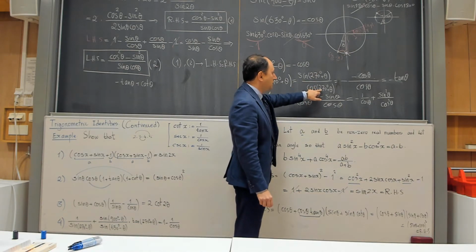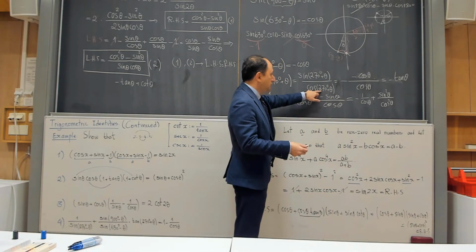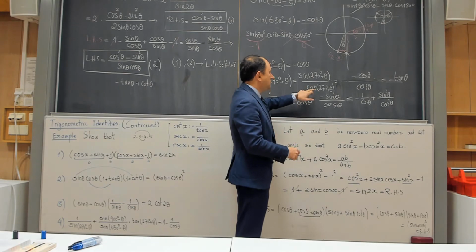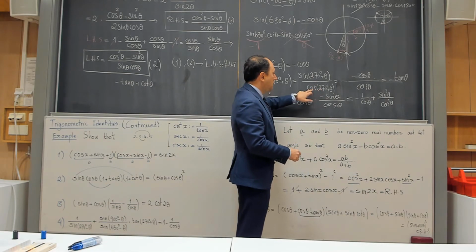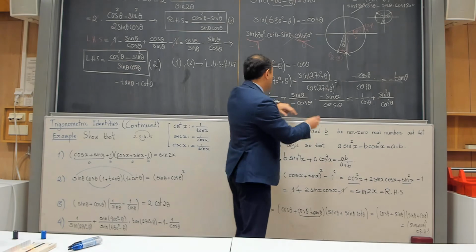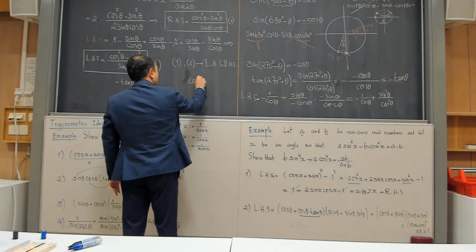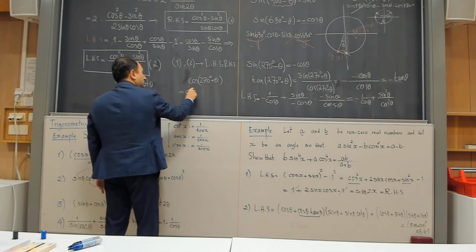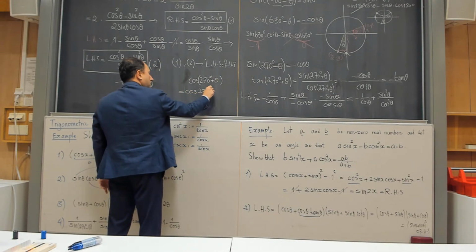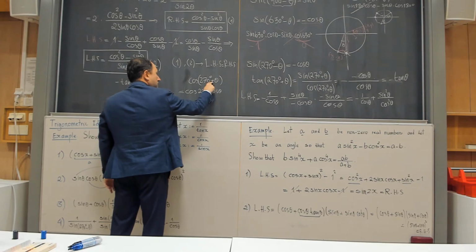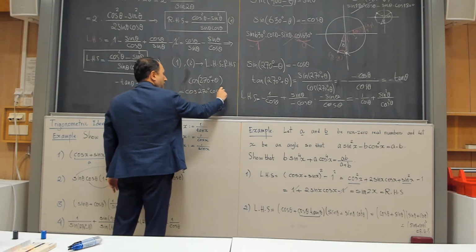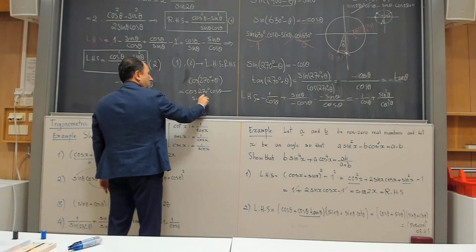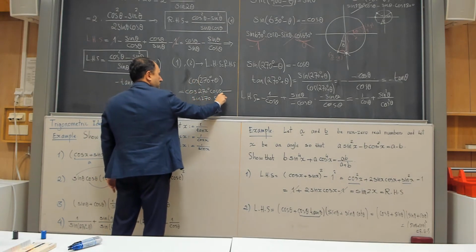So it becomes cosine of the first one, which is 0, times cosine of the second one, plus sine of the first one, times sine of the second one. Cosine of 270 plus theta is cosine of the first one times cosine of the second one. But because this is positive and this is cosine, I have to write minus sine of the first one, sine of the second one. So that was my mistake, sorry.